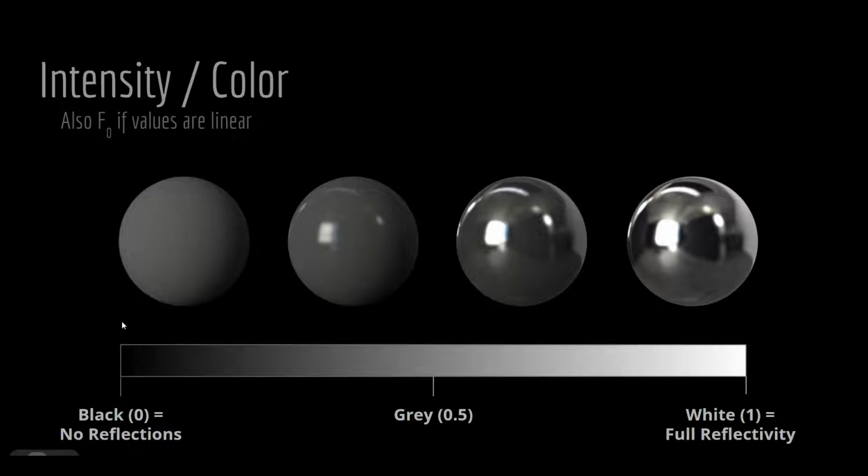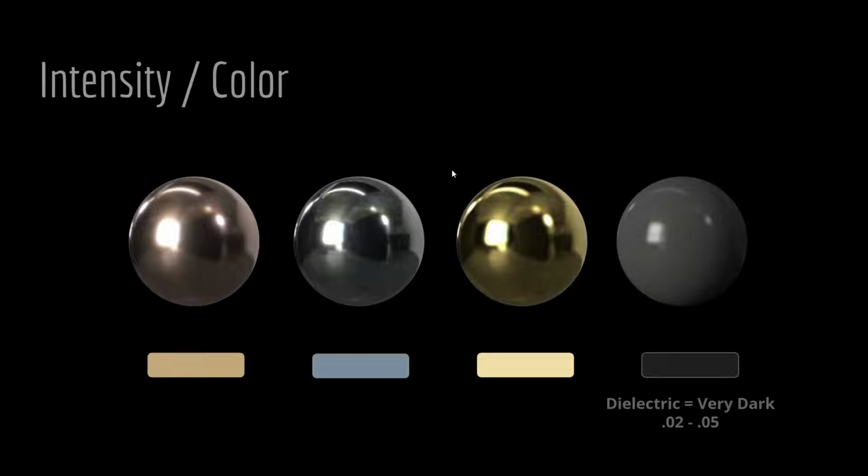As we increase the intensity or brightness of our specular color, those reflections get stronger and stronger and stronger. And again, if we change the color of that specular color shader attribute, we can expect our material to then tint the reflections, which is going to make it look metallic. So again, metals are going to have tinted reflections, and non-metals are going to have non-tinted reflections, and usually really dark specular color values.